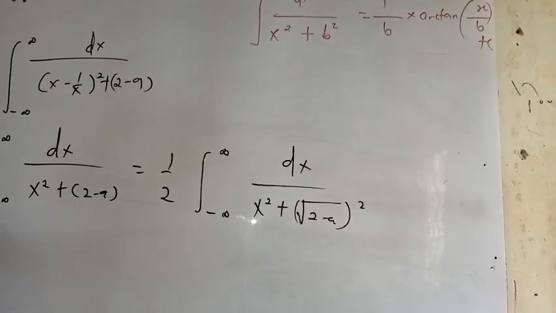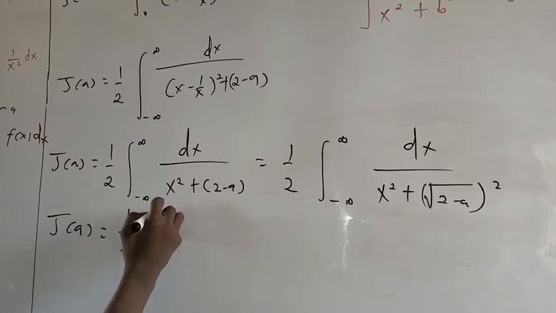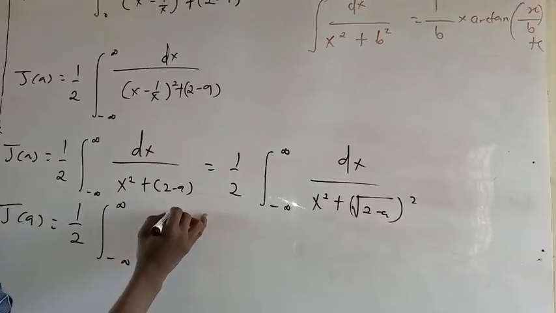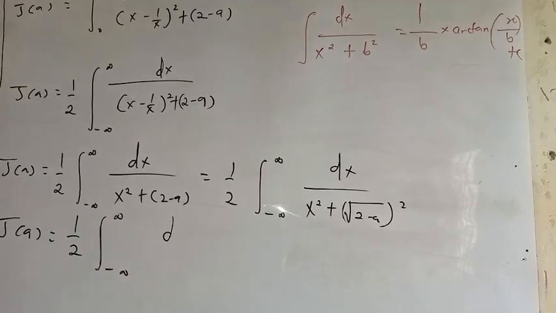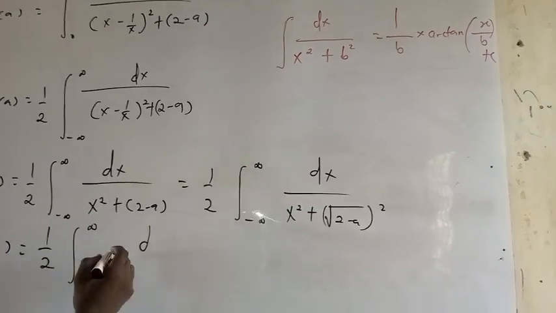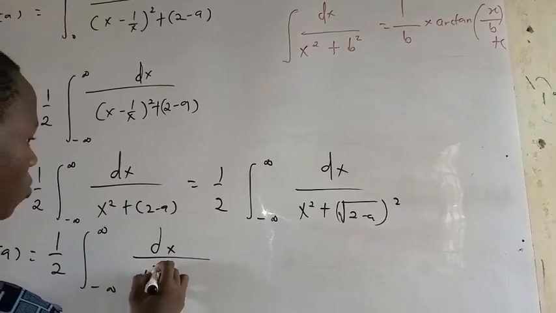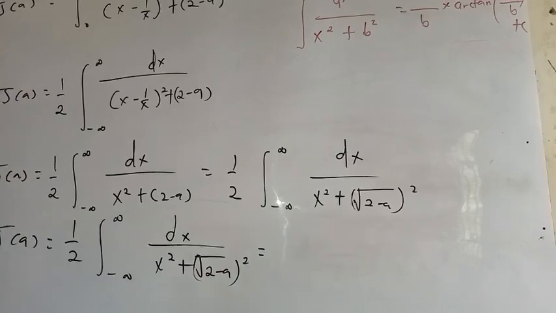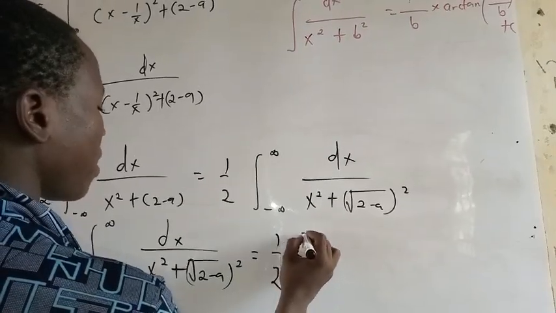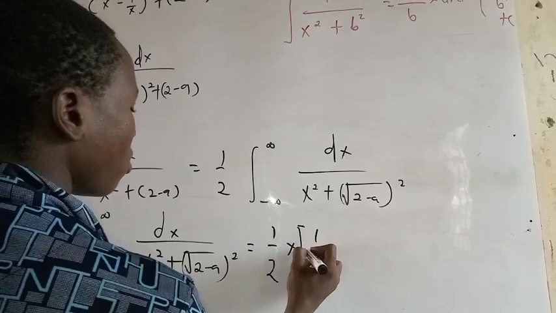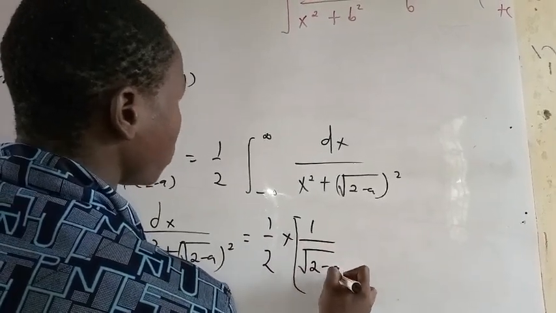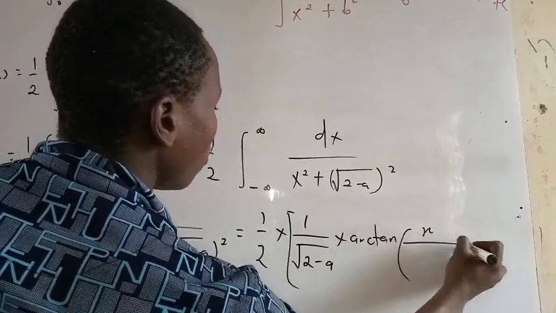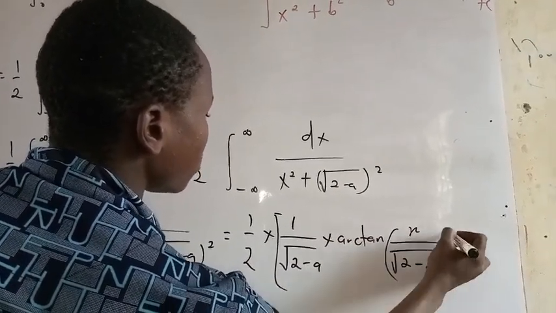Then I have J(a) is equal to 1 over 2 times the integral running from negative infinity to positive infinity of dx all over x squared plus the square root of 2 minus a, squared, is equal to 1 over 2 multiplied by, here's my b, 1 over the square root of 2 minus a multiplied by arctan of x all over the square root of 2 minus a.